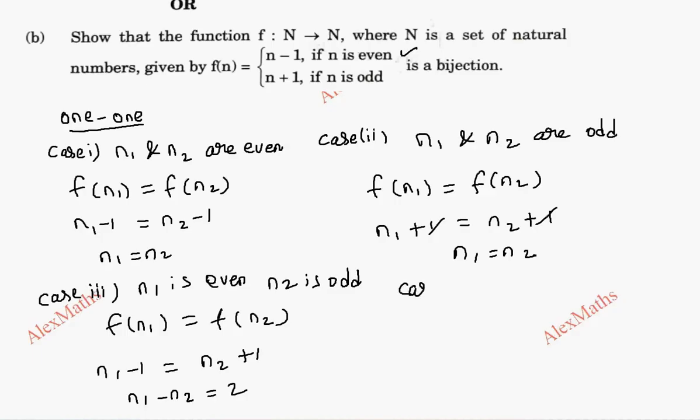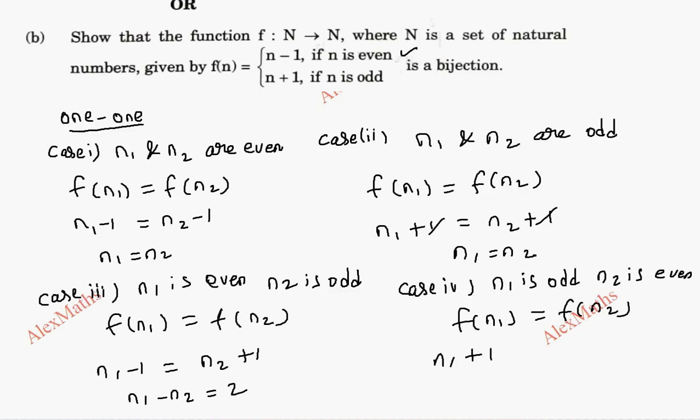Similarly, in case 4, n1 is odd and n2 is even. So when I take f of n1 equal to f of n2, n1 plus 1 equal to n2 minus 1.